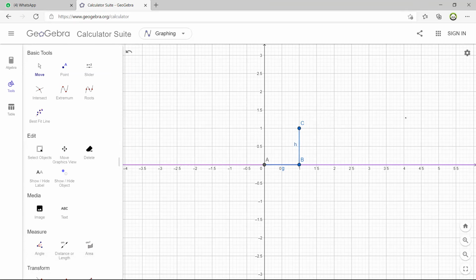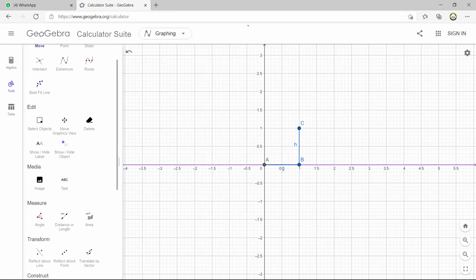Okay, so can you see the two sides of the triangle now, AB and BC? Am I audible? Yes, ma'am, you're audible. Okay. So now these are the two sides of the triangle. And I'm just going to connect these two sides to make the third side.